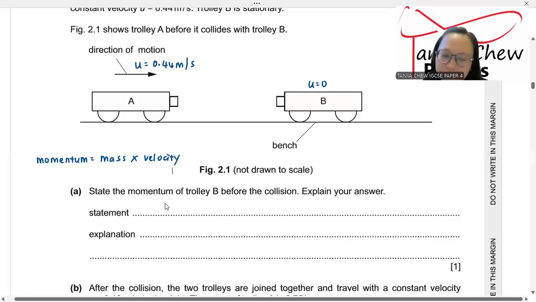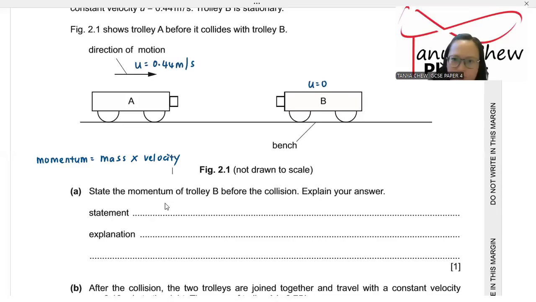So now let us answer the question. Momentum of trolley B before the collision. Look at trolley B. Trolley B is stationary, not moving. I already wrote down there that U of trolley B is equal to 0. By the way, U represents the initial velocity of trolley B. So the statement is: momentum of trolley B is equal to 0. Why?